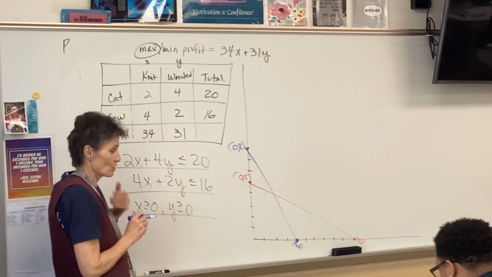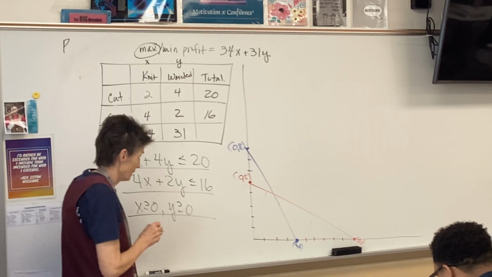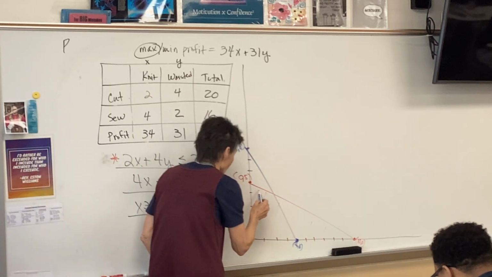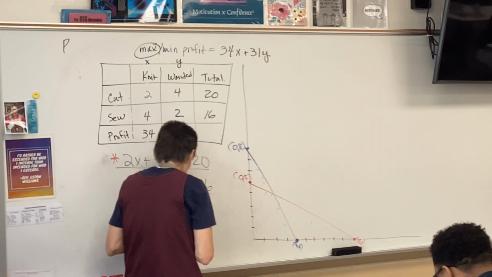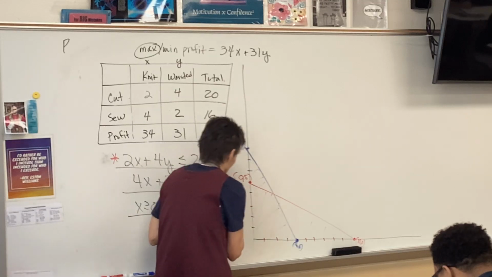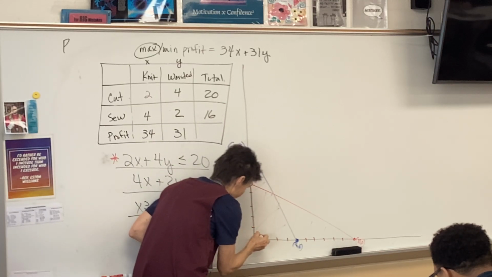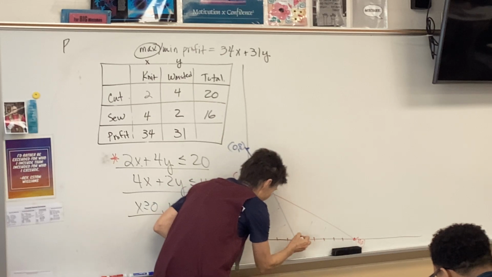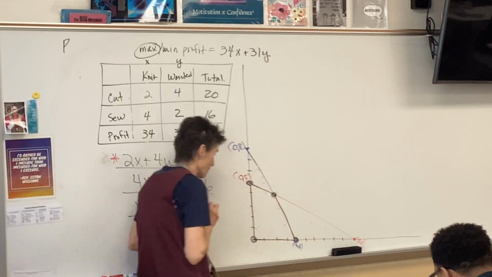And where's that shaded? Underneath again. So this is all shaded blue right here. So isn't my overlapping area this right here? Isn't that my overlapping area?